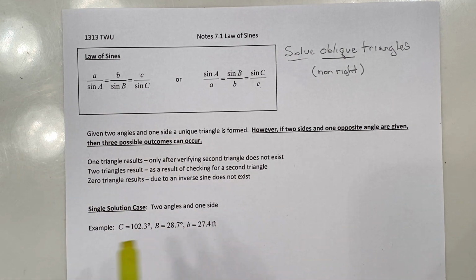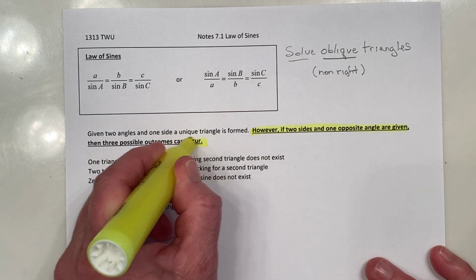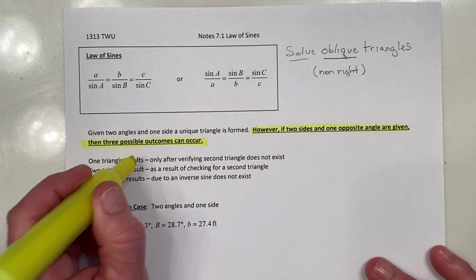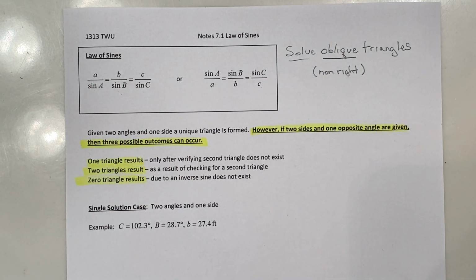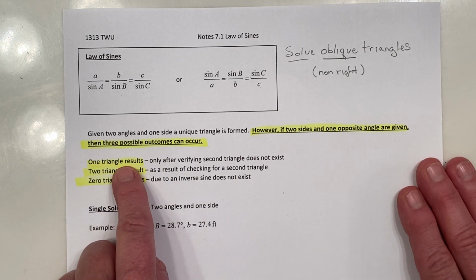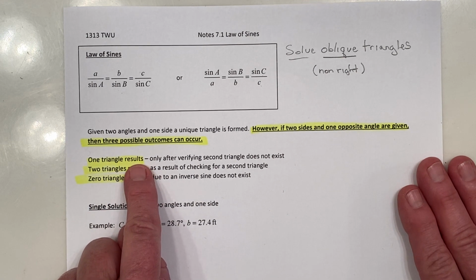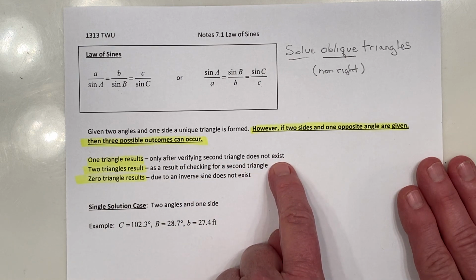We're going to look at each of these cases as we go through. It could be that there's just one triangle that results. We would only know that after verifying that a second triangle does not exist.